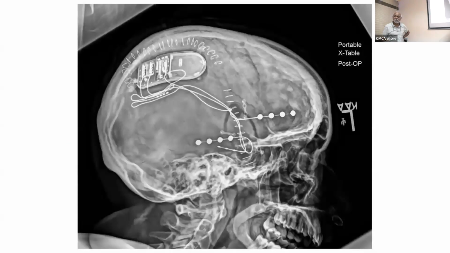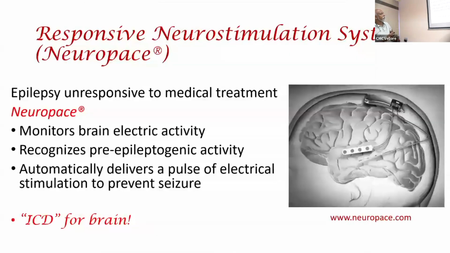This is something not recent, it's at least 5, 6 years old. But this looks quite interesting. It's what we call a responsive neurostimulation system, or NeuroPace, for patients with epilepsy unresponsive to medical treatment.